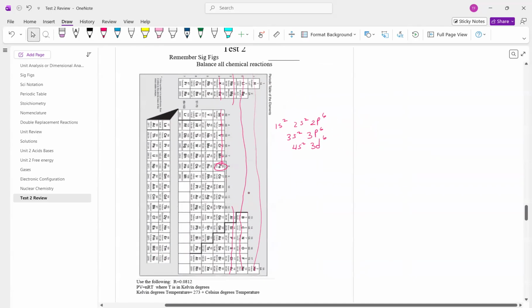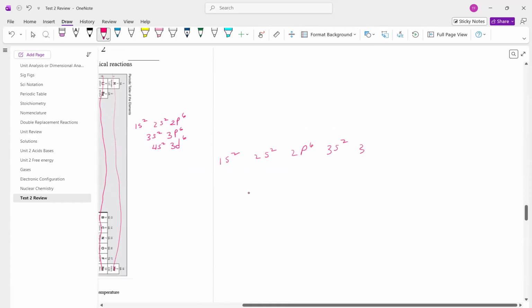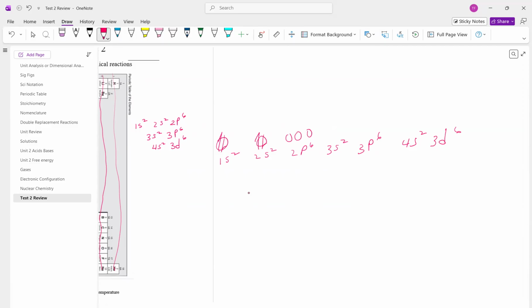Now let's say I wanted an orbital diagram as well. That would be the orbital diagram for iron.